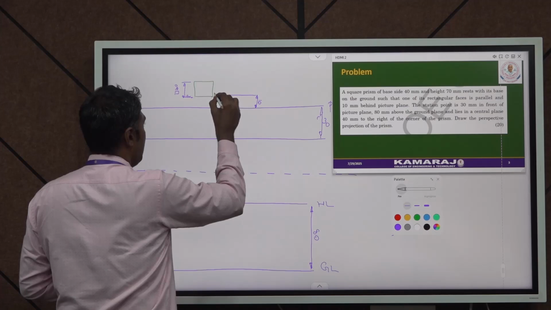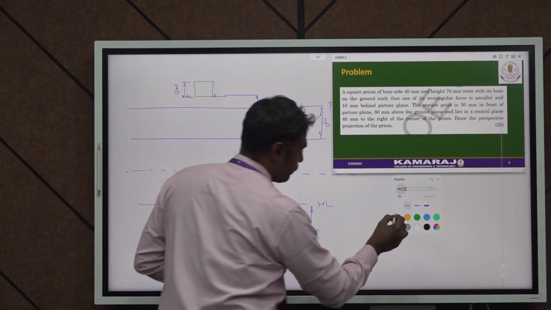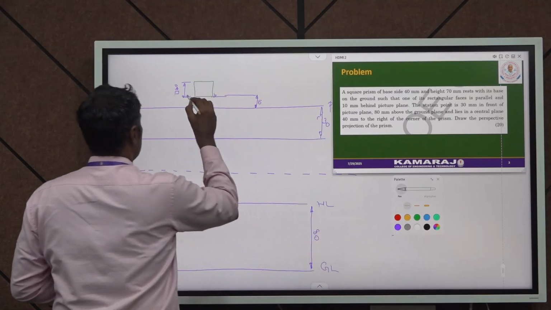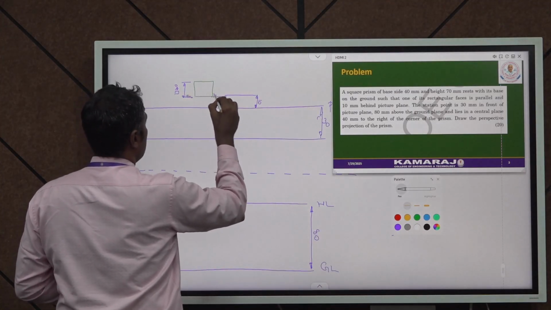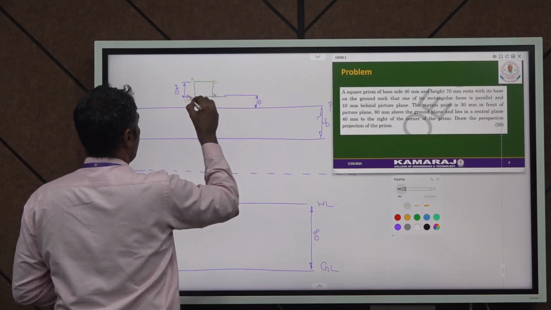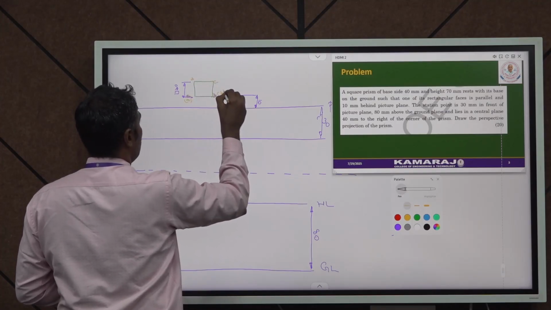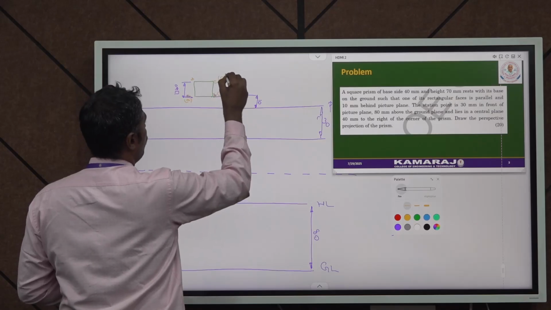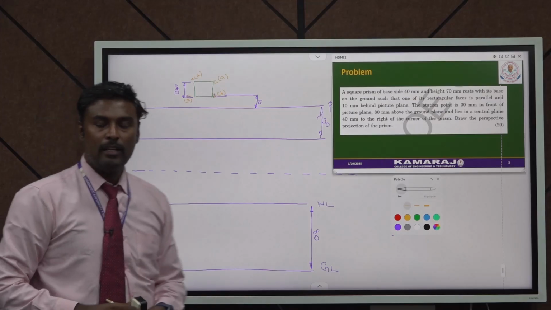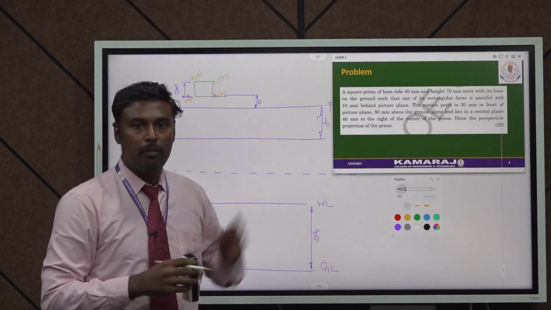So here I have marked it as A, B, C, D, and the bottom side as A1, B1, C1 and D1. So this is the representation of the square prism in its top view.